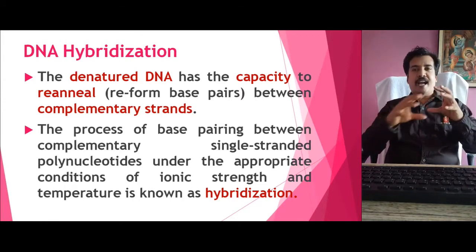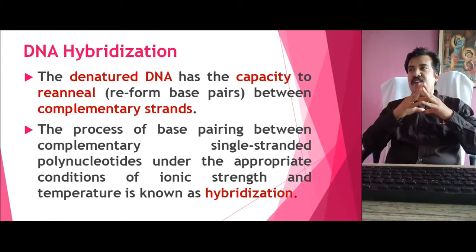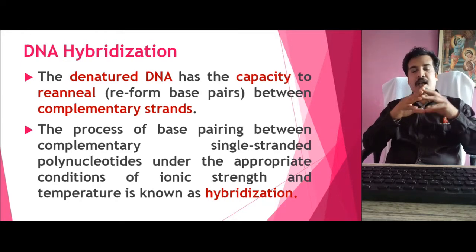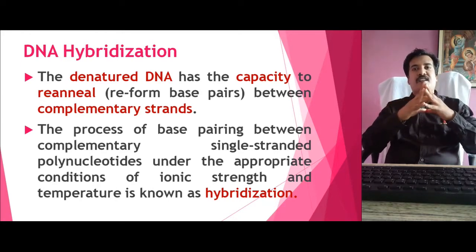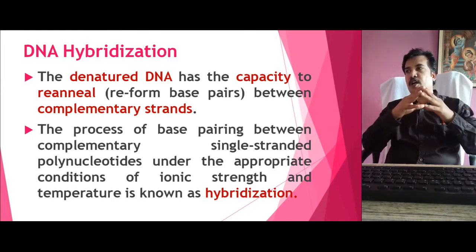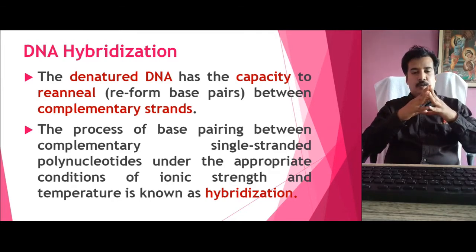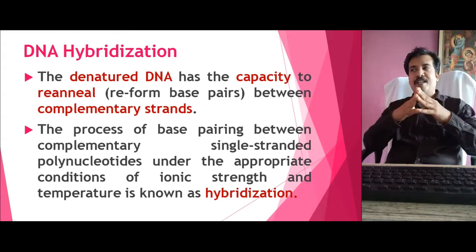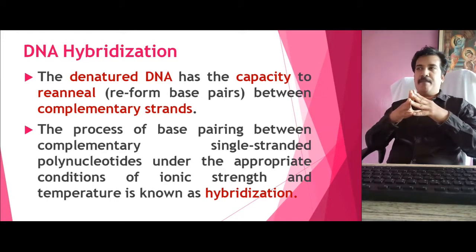We can simply define DNA hybridization as a process of base pairing between complementary single-stranded DNA, that is polynucleotides, under appropriate conditions of temperature, pH and ionic concentration. So two single strands which are complementary in nature will become a double-stranded one. This is called DNA hybridization.